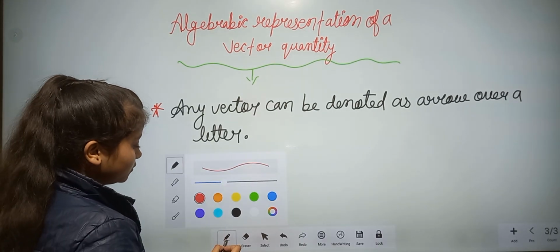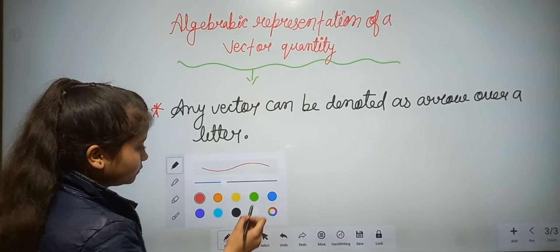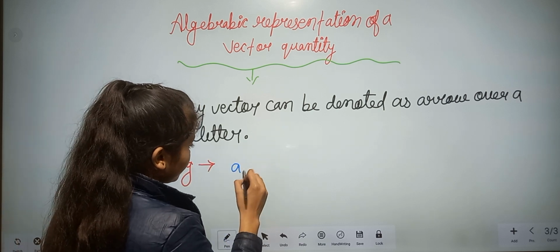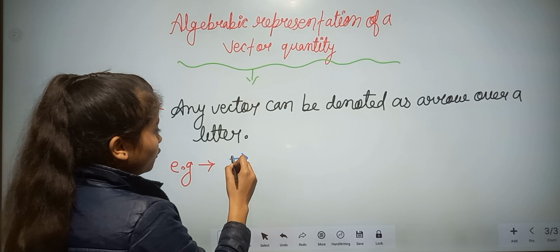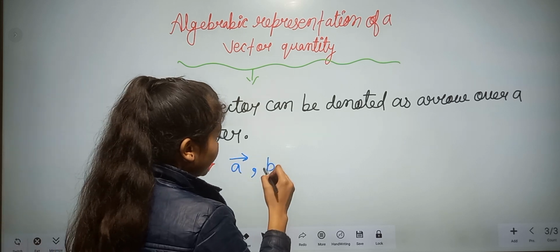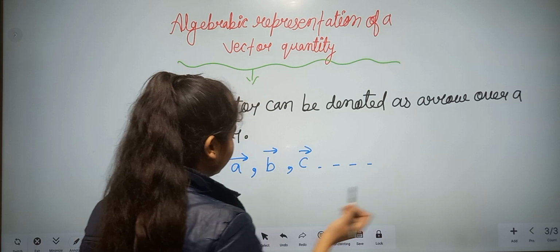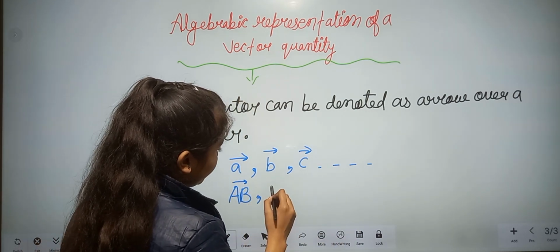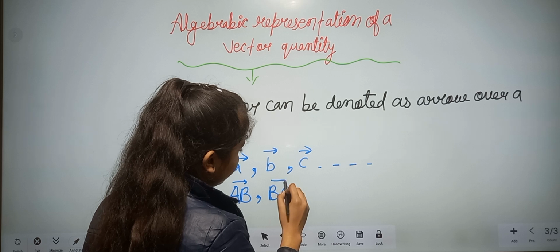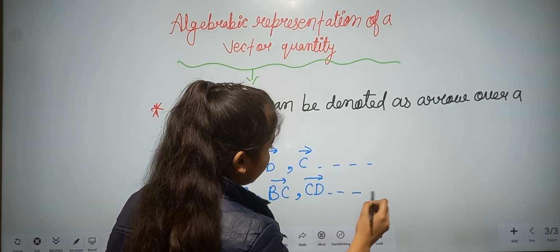For example, you can write it like this, arrow over a letter, and we can also write B vector, C, and so on, and AB, BC, CD, and so on.